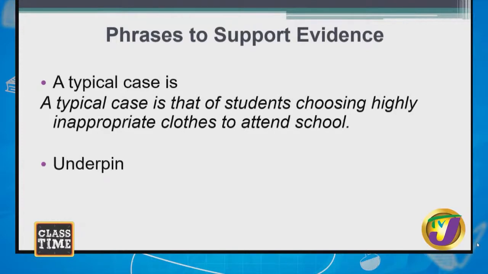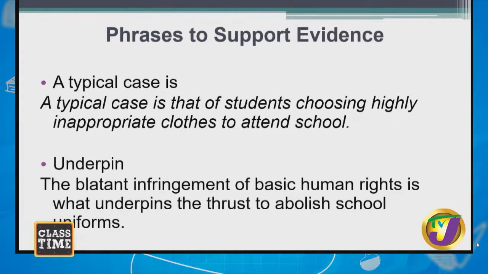How can you use underpin? Take a look. The blatant infringement of basic human rights is what underpins the thrust to abolish school uniforms. So in each of those cases, you have supported some kind of evidence and you have used your transitional phrases to show that you're in support of whatever evidence you're showing.